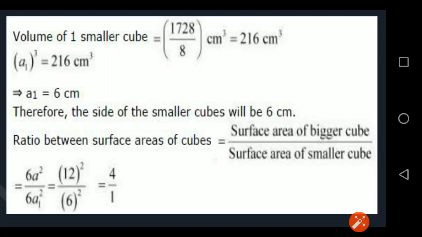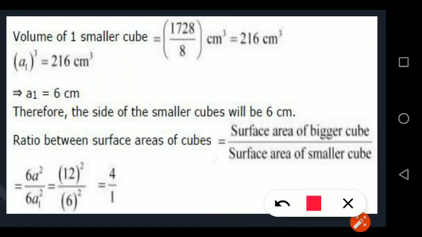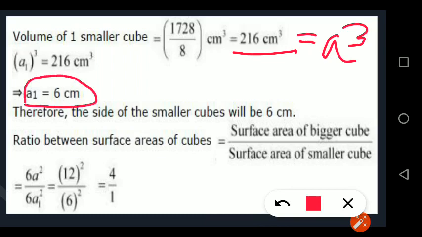So this one, volume of small cube, we got as 216, which is equal to a cube. a cube is 216. So what a are we getting? 6 centimeter. So the side of the small cube is 6 centimeter.